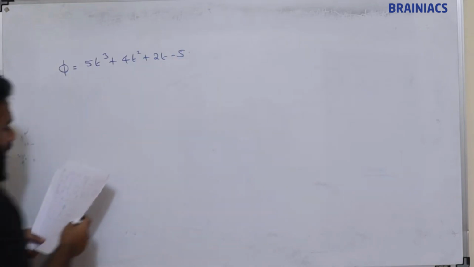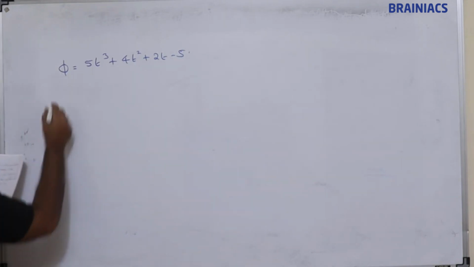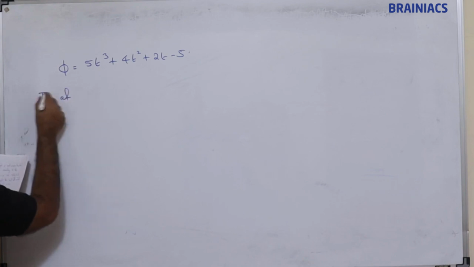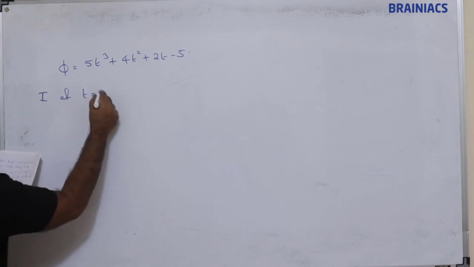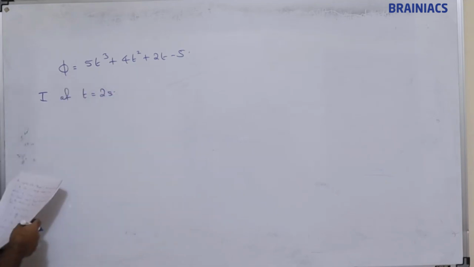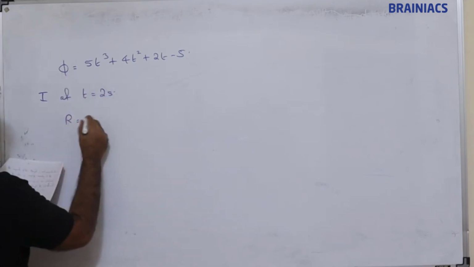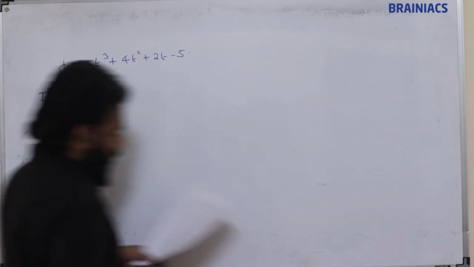Calculate the induced current through the coil at t is equal to 2 seconds. Resistance is given as 5 ohm.